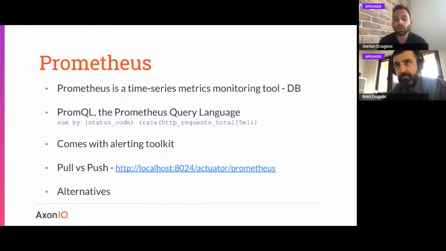And it will go to this endpoint and save these metrics to its database. There's also push examples where the application are pushing the metrics to the database and the database is not aware of the clients. Some other alternatives for the Prometheus, which are not open source, are InfluxDB, Dynatrace, or the popular Datadog.